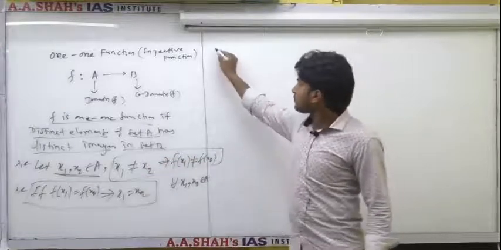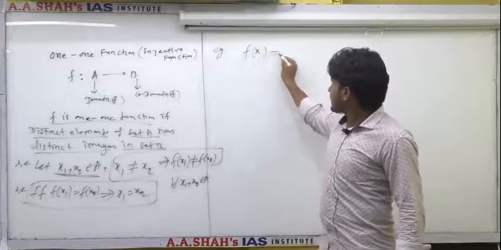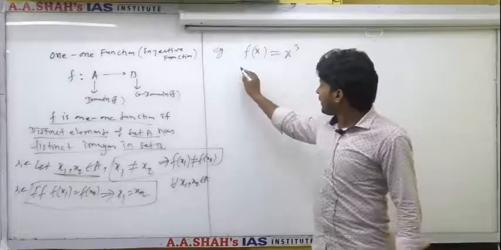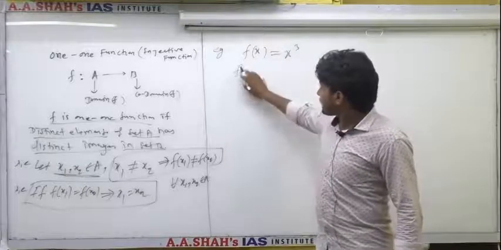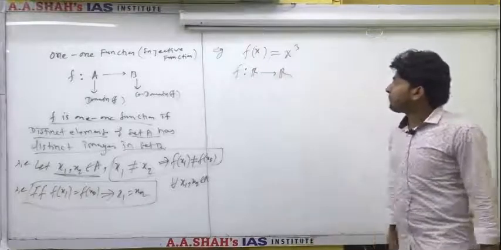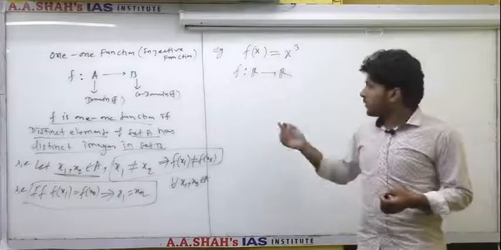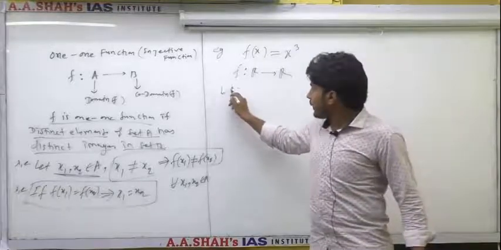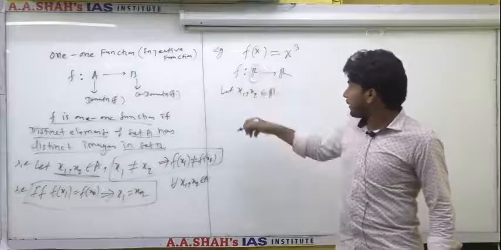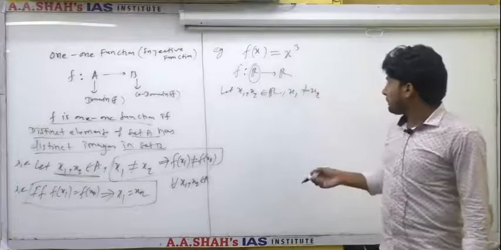For example, we take f(x) equal to, suppose, x cube, and f is from R to R. Suppose we have to prove that this function is one-one. So we will assume that x1 and x2 belong to this domain, and x1 is different from x2.